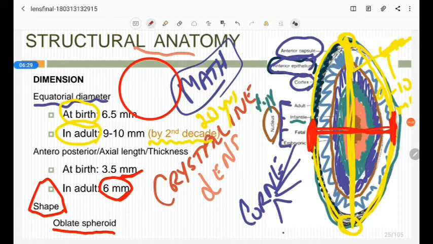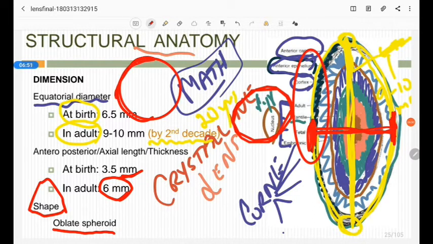It is a mixture of a circle and an oval surface: part of a circle behind and part of an oval in front, which makes it an oblate spheroid.